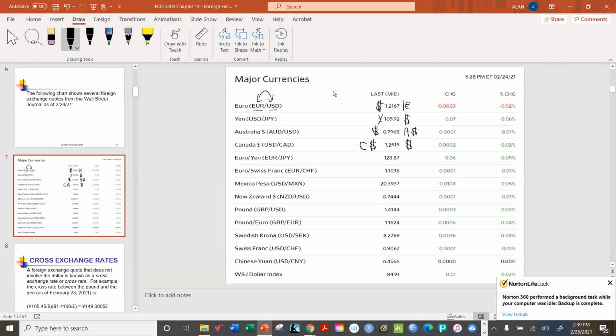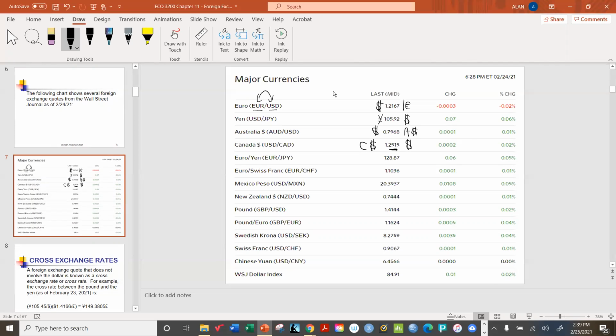So if you went to Canada right now with your US dollars in your pocket, you could actually get a bargain. In other words, it's almost like everything in Canada is on sale for 25% off, because each dollar that you bring with you into the country will get you $1.25 worth of Canadian products. Okay, so remember that. Right now, it would be a good time to go to Canada.